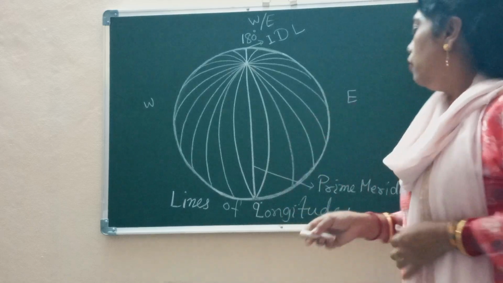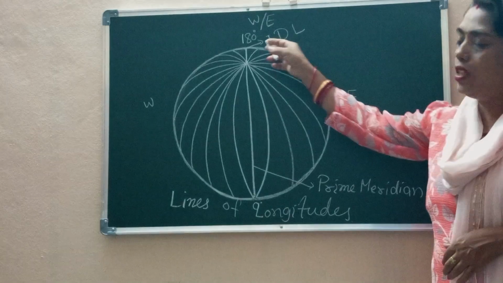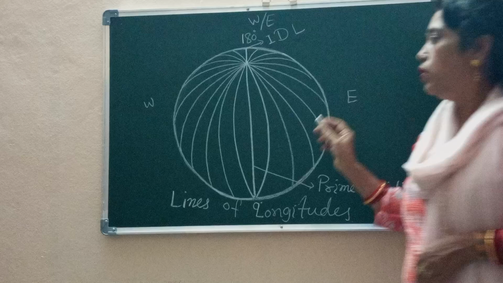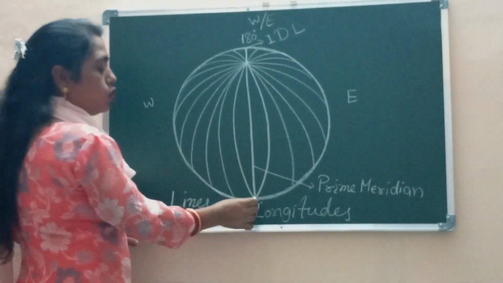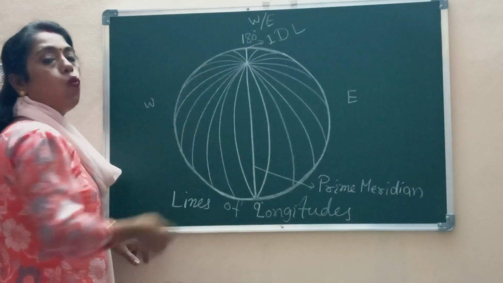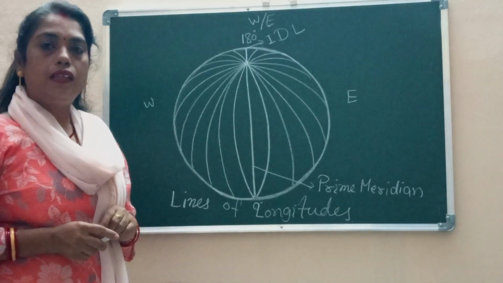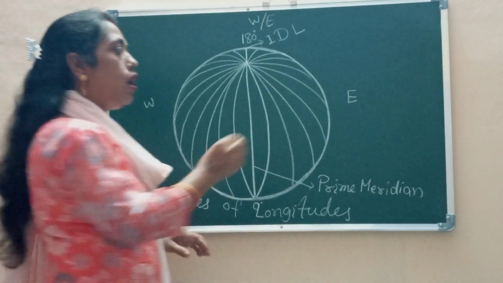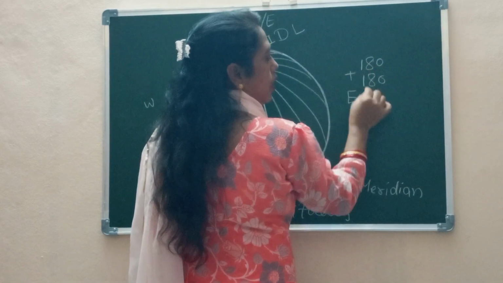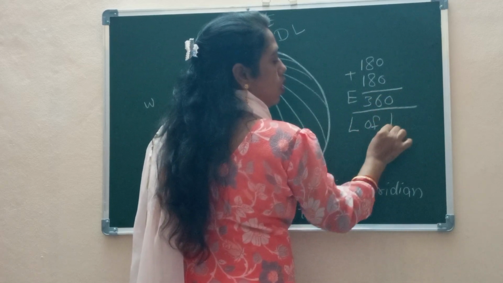Now from 0 degree on the eastern side, a total of 180 lines of longitude will be there. At the same time, in the western hemisphere also, from 0 degree Greenwich line to 180 degree international date line, there will be 180 lines of longitude. So entirely we have 180 plus 180 equals 360 lines of longitude.